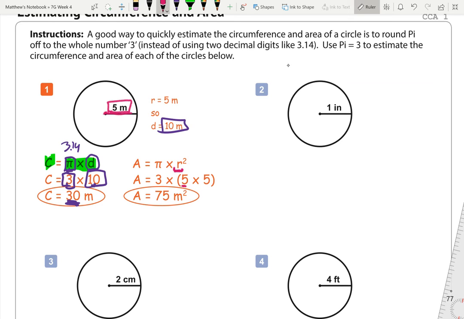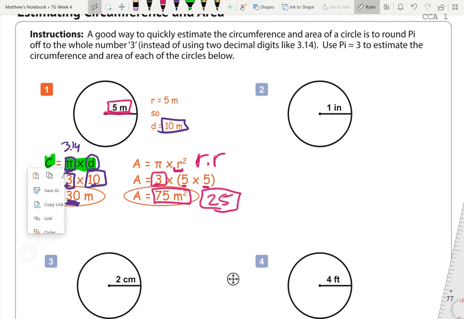And we're going to do the radius squared, which means we're going to do the radius times the radius. So 5 times 5. And when we do that, we're going to get 25 here. And then we need to multiply it by 3 because that's roughly what pi is. So if we're estimating, we do 3 times 25, and that gives us 75 meters squared.